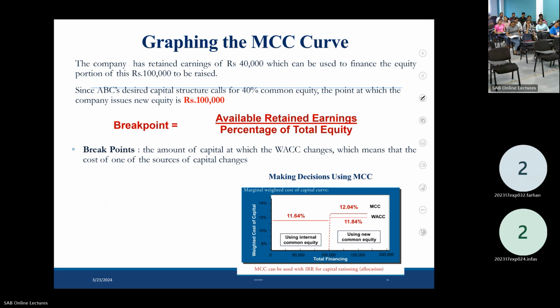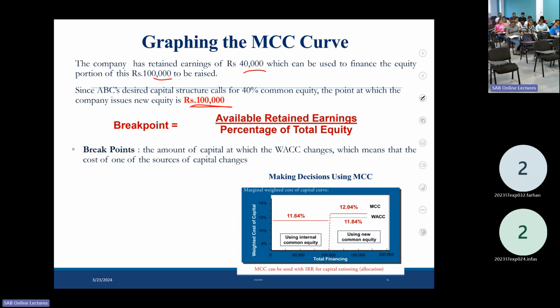Now here the company has retained earnings of 40,000 rupees, which can finance a portion of the 100,000 to be raised. Since ABC's desired capital structure is 40% common equity, at that point the company issues new equity.